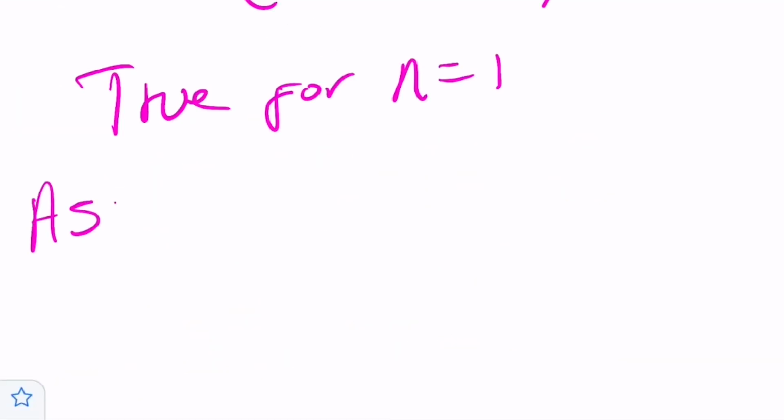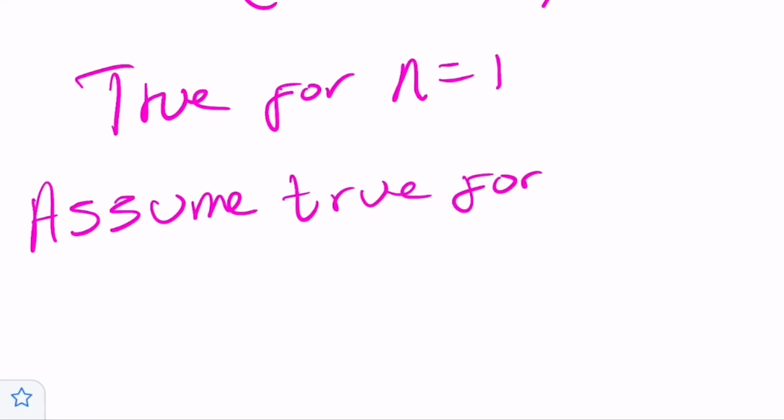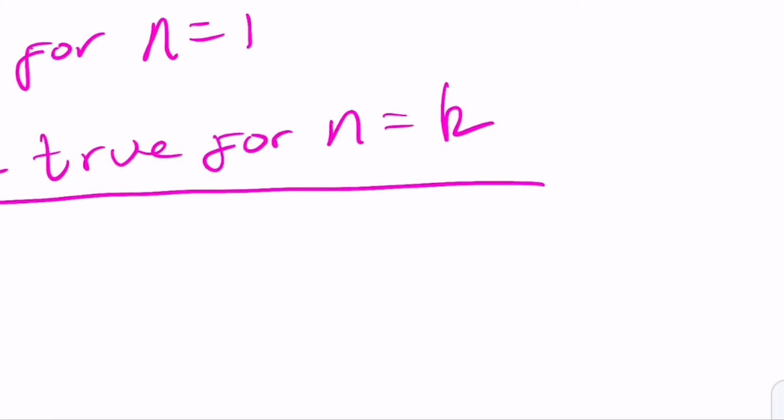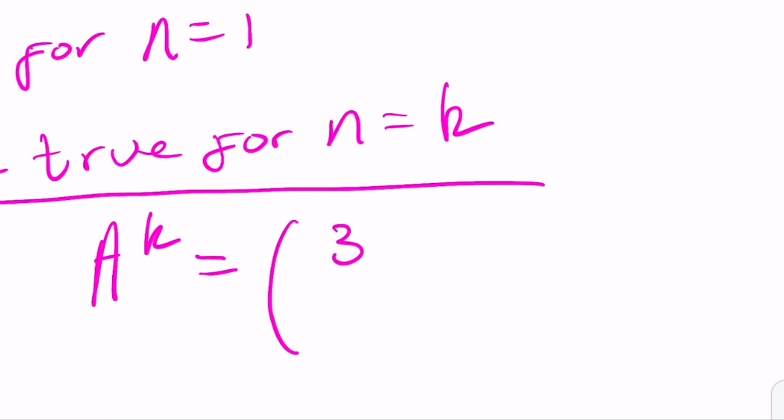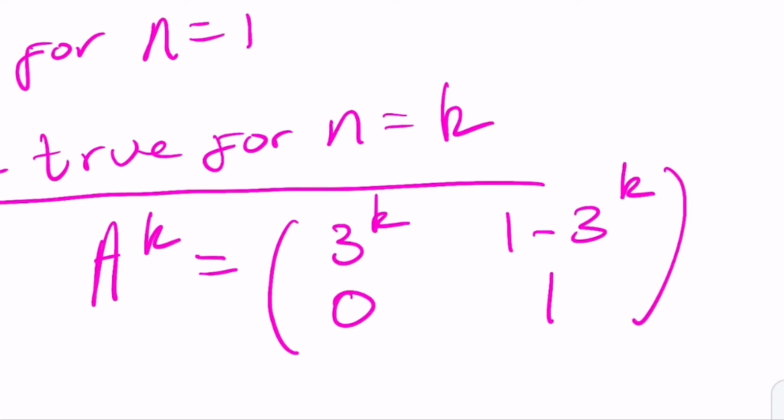So assume true for n equal to k. Therefore that would say that A to the k would equal 3 to the k, 1 minus 3 to the k, 0, 1. And now we need to prove it for n equal to k plus 1.